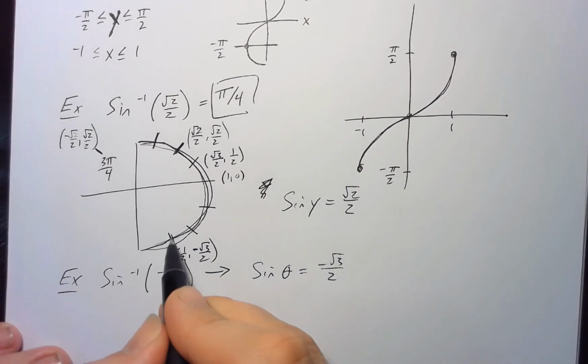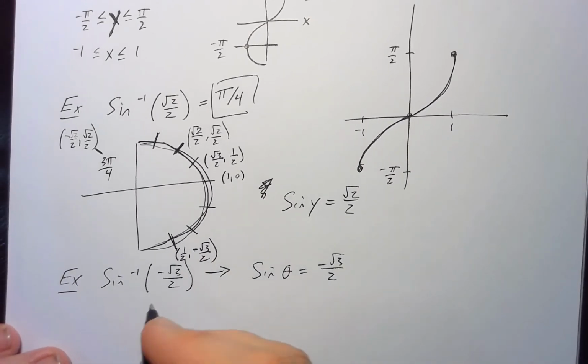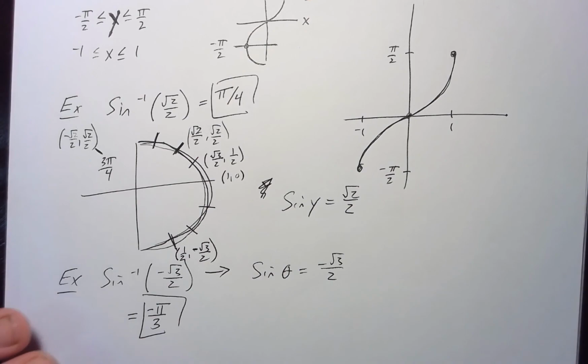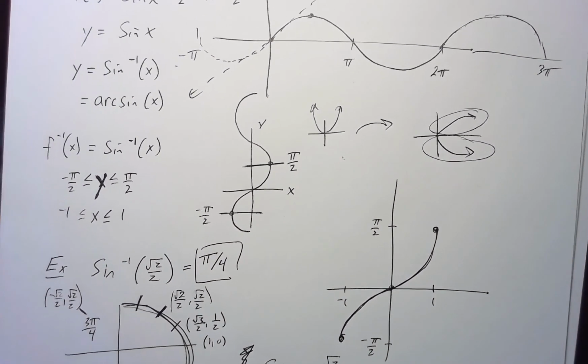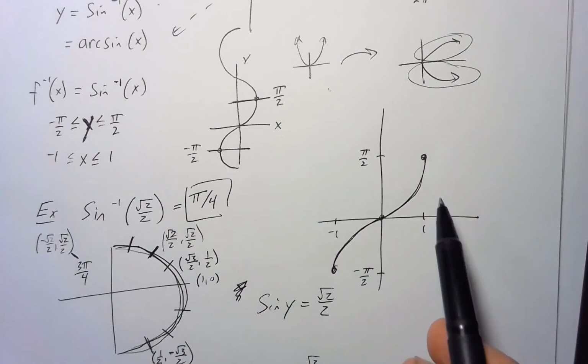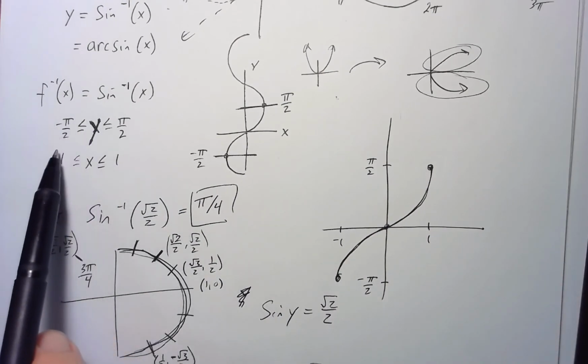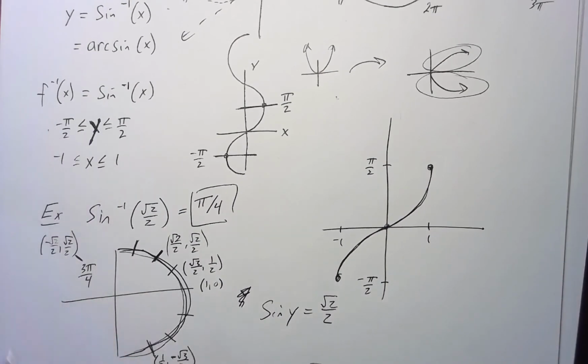So in that case, I'm looking at a negative pi over 3. That's the set of values that would give me this. So this thing is equal to a negative pi over 3. That's the angle measure that I'm looking for in respect to the sine function and how we have defined it in this particular case. Again, this is the general way that we refer to the sine inverse function. This is the domain and the range of the sine inverse function that is generally accepted.